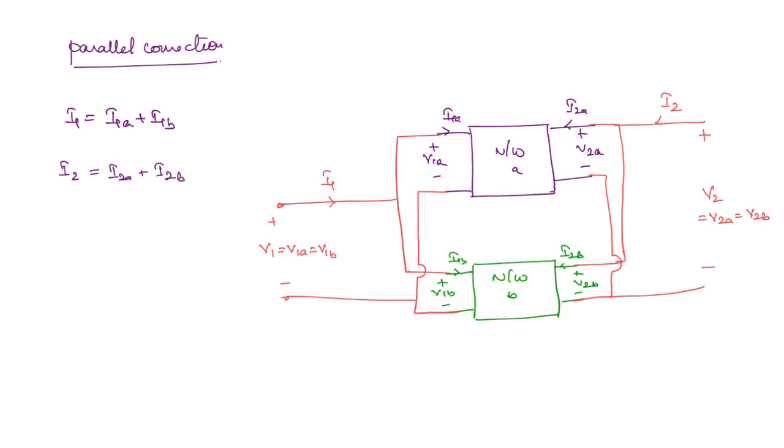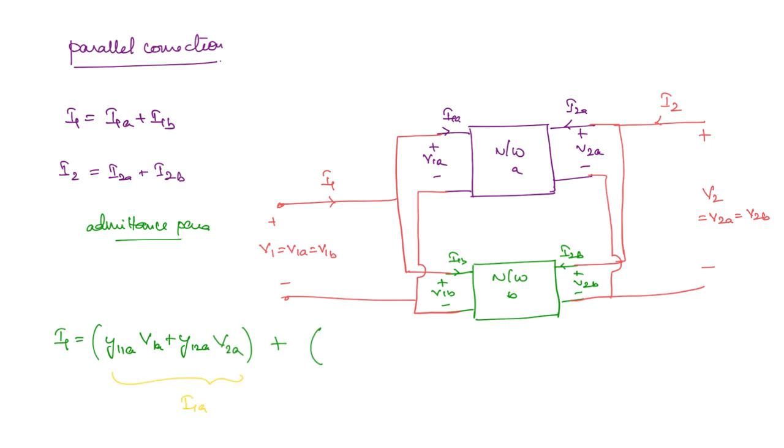So just like in the previous case, I1A, now you can express in terms of the voltages using what? Admittance parameters, right. So we will do one example. I1A you can write as Y11A V1A plus Y12A V2A, okay. This is I1A.